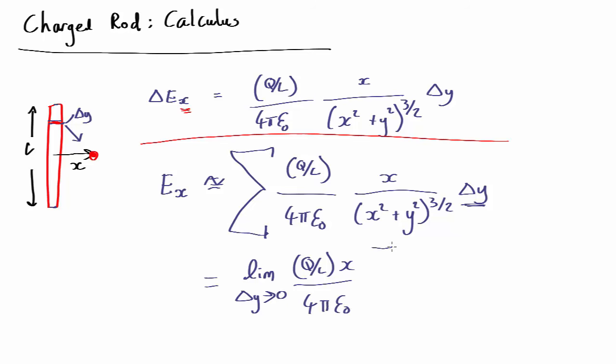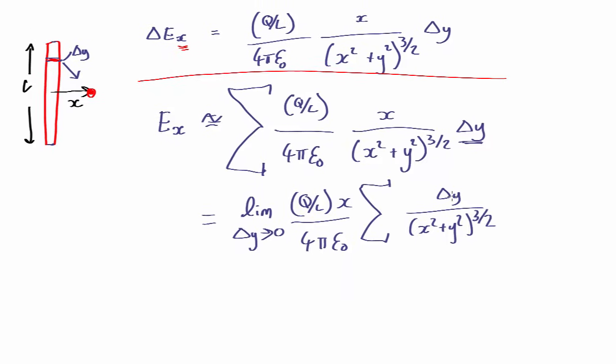The only thing we're summing over is y, so that's delta y all over x squared plus y squared to the 3 halves. When you take that limit, the sum magically turns into an integral, and the delta y turns into a dy.